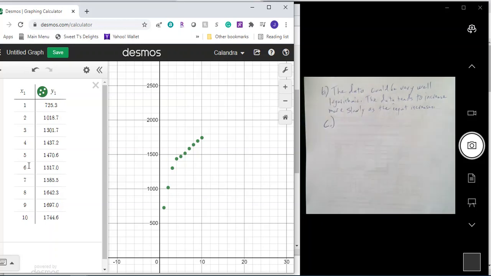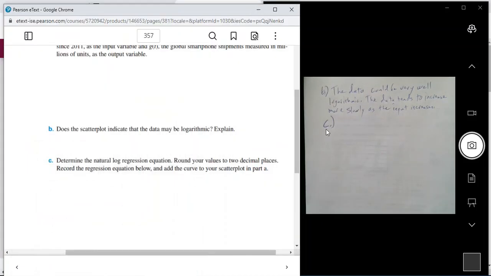Now we move on here to C. It says determine the natural log regression equation. Round your values to 2 decimal places. Record the regression equation below and add the curve to your scatter plot in part A. All right, so this is what we would need to do.